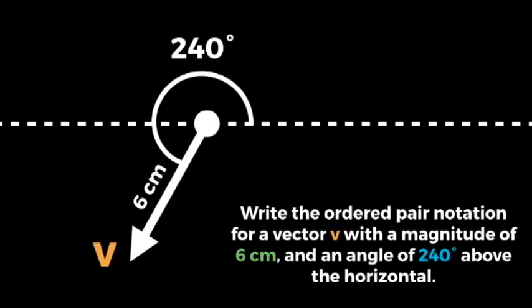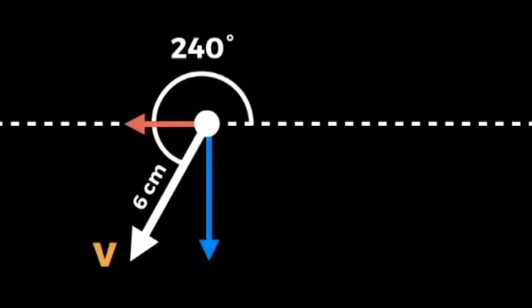We can break this vector up into its component vectors. The x component, as we said earlier, is a sub x, which is equal to r cosine theta. R is 6 centimeters and theta is 240 degrees, so plugging in these numbers gives us negative 3 centimeters. In the same way, we can use the formula for the y component to find a sub y, which is r sine theta.